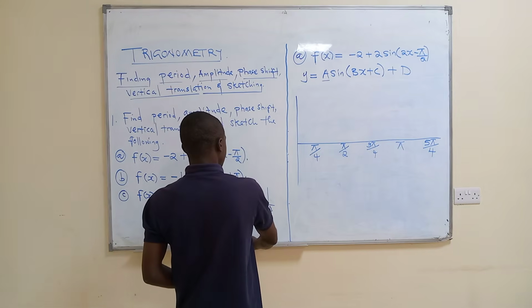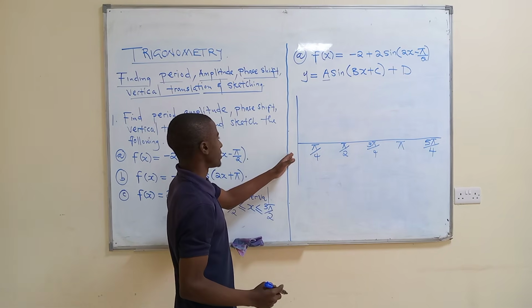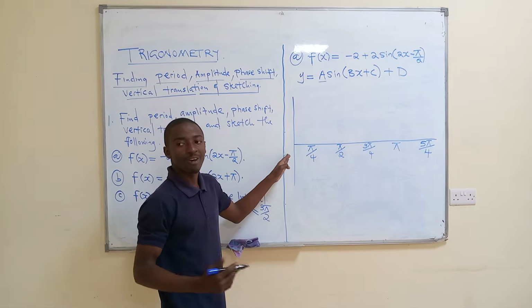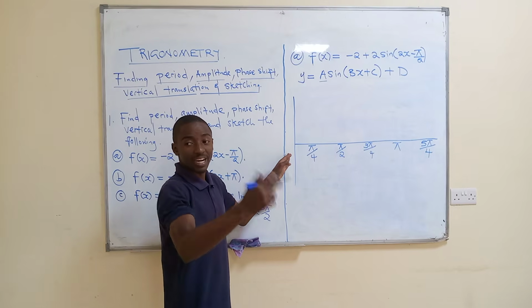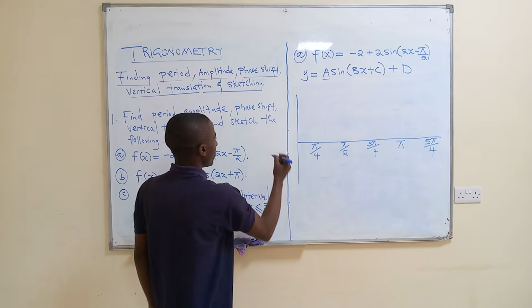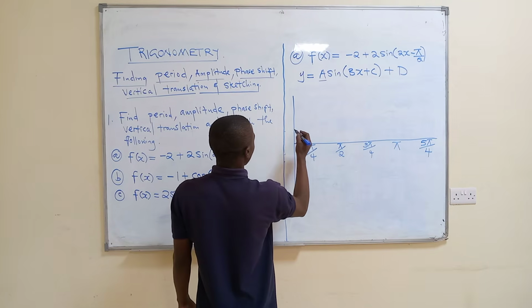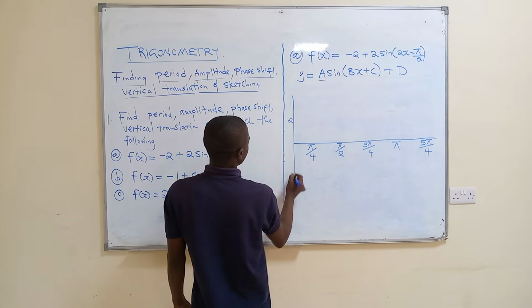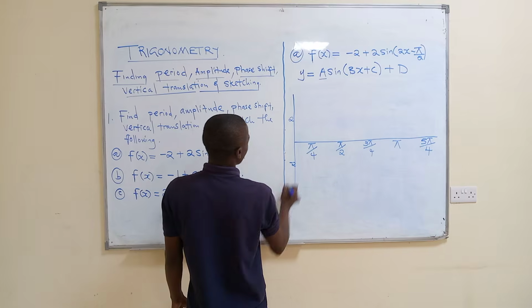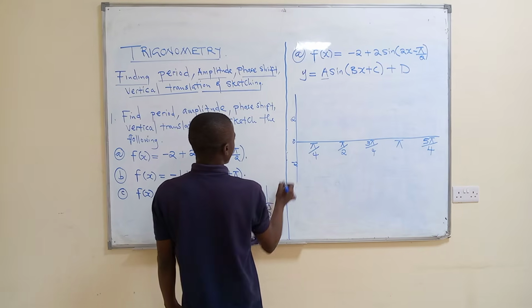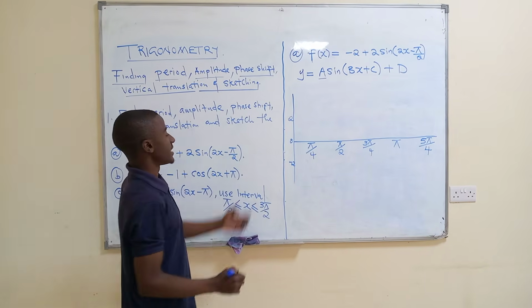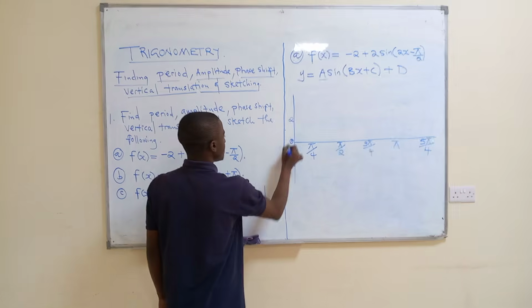Now, apart from that, I have to write the amplitude. So amplitude, that is how high or the maximum value. So my amplitude was positive 2 and negative 2. So this is 0. Now the upper limit that was 0.